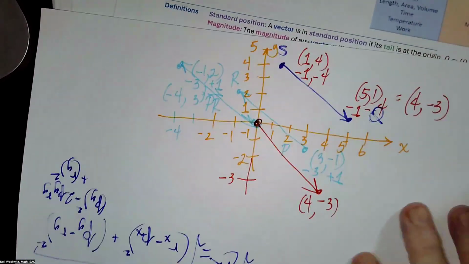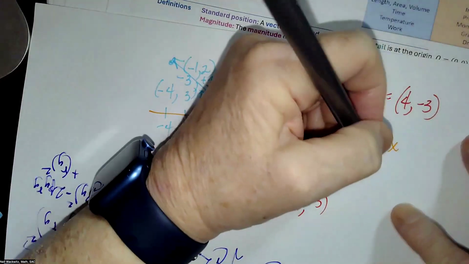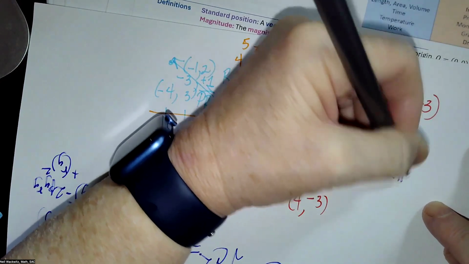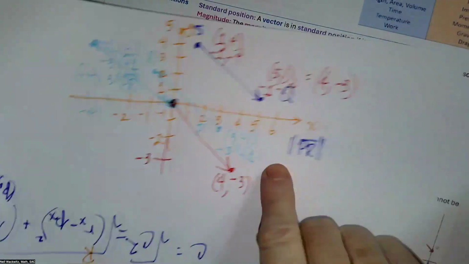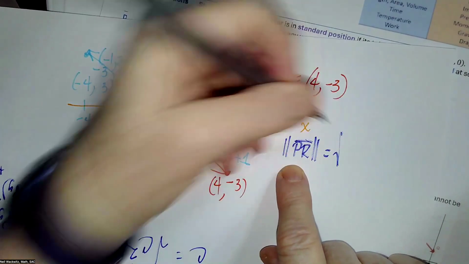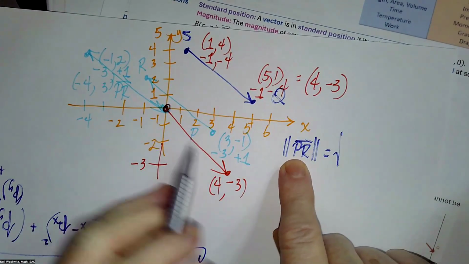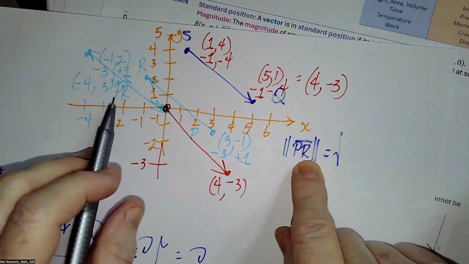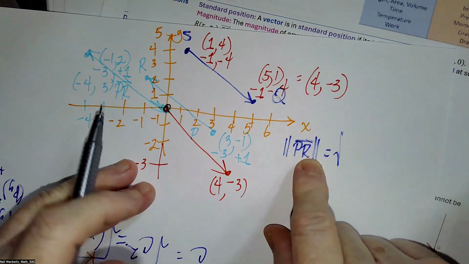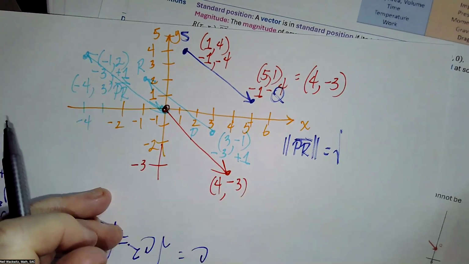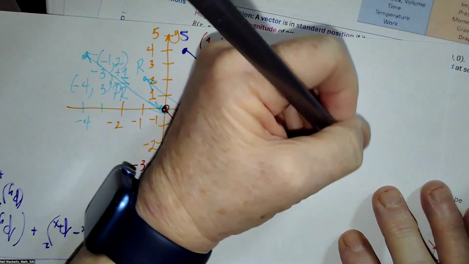Let's find the magnitude of each. So the magnitude of PR, let's see, R was -1, 3.